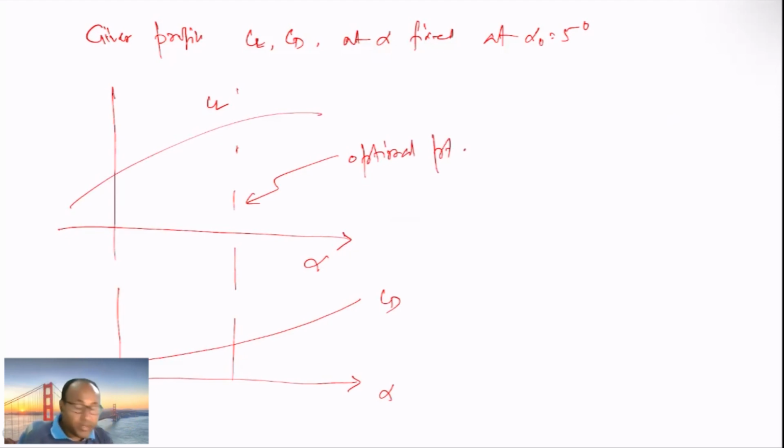So what you need to consider is that you try to optimize CL by CD. So you basically try to have the best CL by CD.